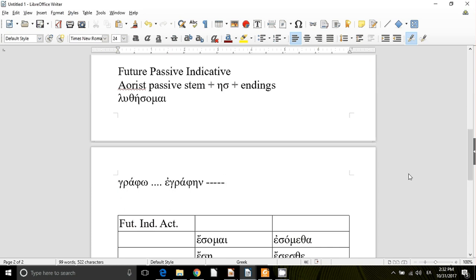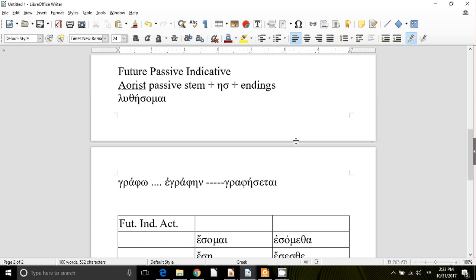I drop the augment and I drop the ending, so I end up with graph. I add eta sigma, and so graphesomai, my accent would also change. Graphesomai. And that would be I shall be written. So we'll make it a little more sensical. Graphesetai. It shall be written.